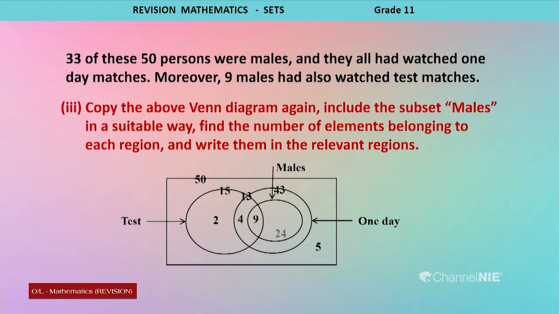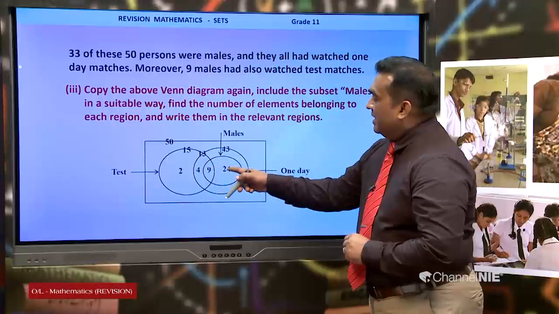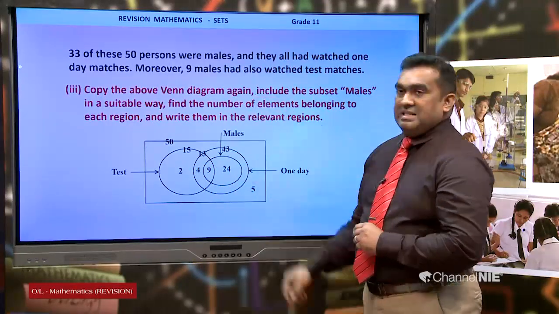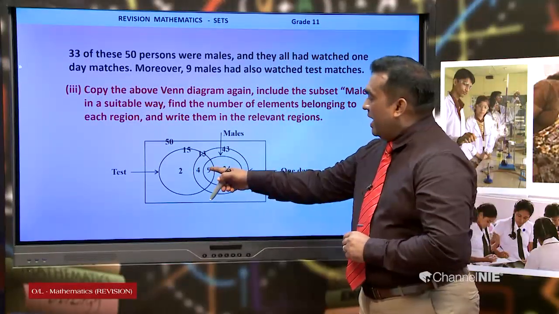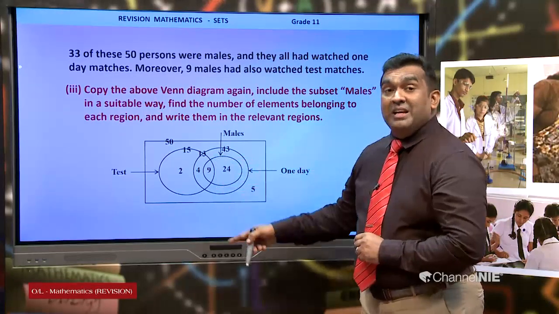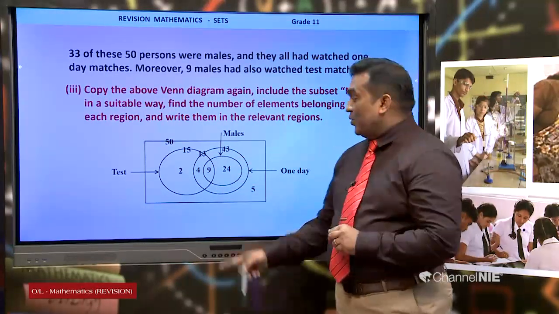Then 24. Why is that? Males 33, here you have 9. Sum of these 2 regions is the region of males. Here you have 9. To get 33, 33 minus 9 is 24.